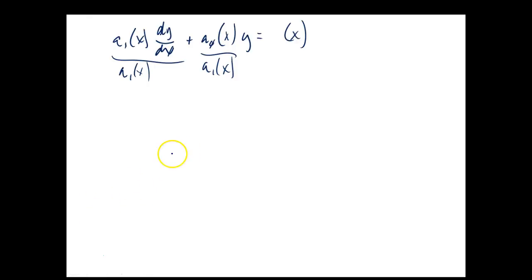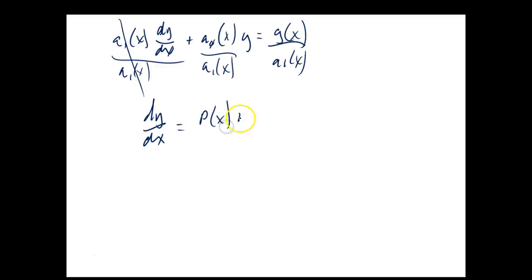Okay, I think it did that time. Okay. Now, this goes away, so you have dy dx plus some other function, and they're calling this p of x, times y equal some other function f of x. And you can name those functions anything you want to. This is a plus.